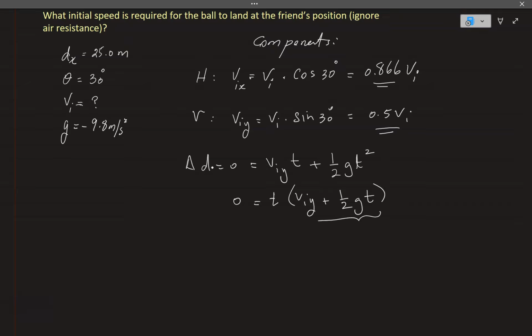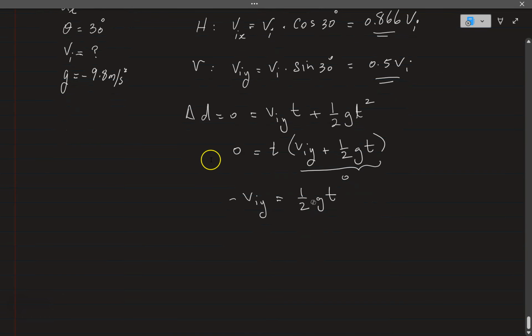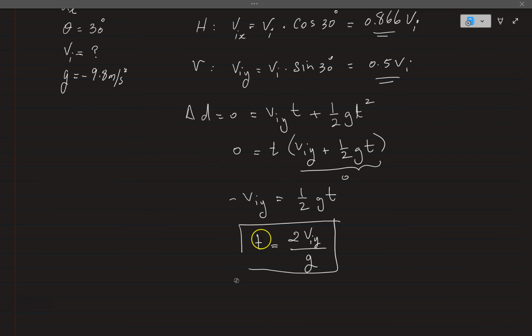But this, you set equal to 0 as we did before, and what you will get is VIY is equal to negative 1/2 G T, and we want to solve for T. And when you solve for T, the time, this is what you get.